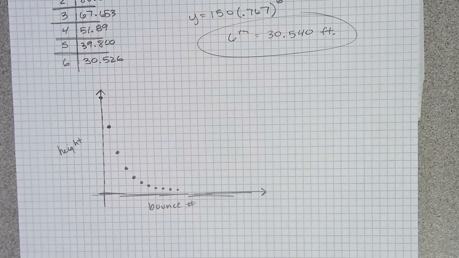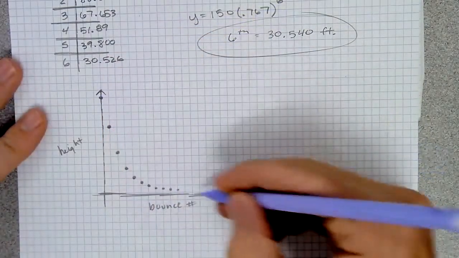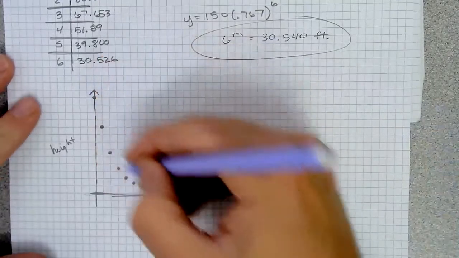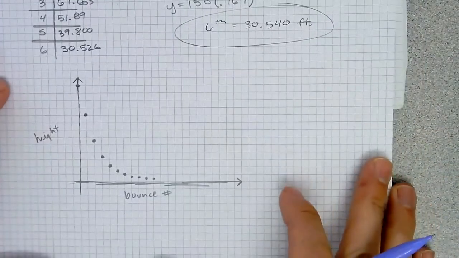Okay, so just a couple things to kind of talk about. We'll go into more detail later in the chapter. Okay, but notice one, obviously it's not a straight line, it's a curved line, right? I wouldn't connect these because you only have whole numbers for bounces.